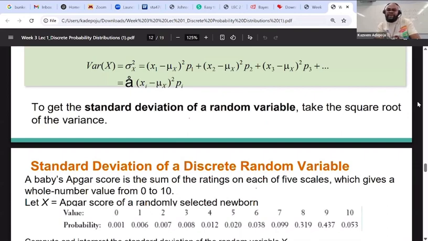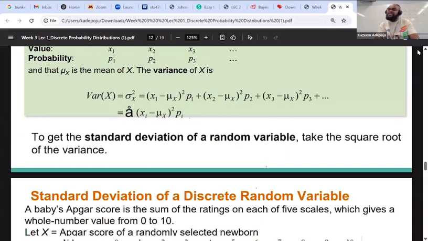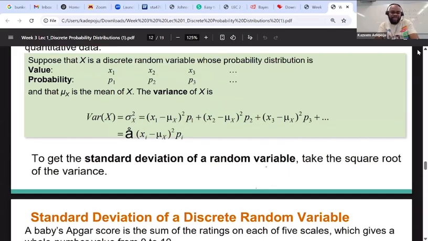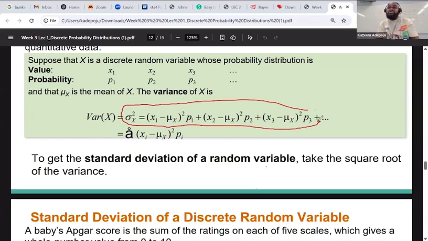But what is the difference between variance and standard deviation? I'm going to tell you right now. You're actually going to see that variance is in a square unit. But what about the mean? The mean is not in a square unit, and that is why we need to find the square root of the variance.